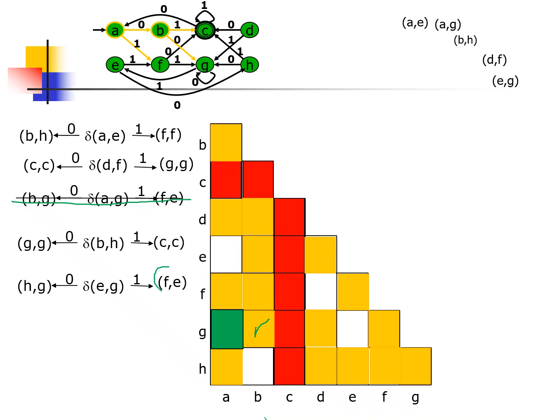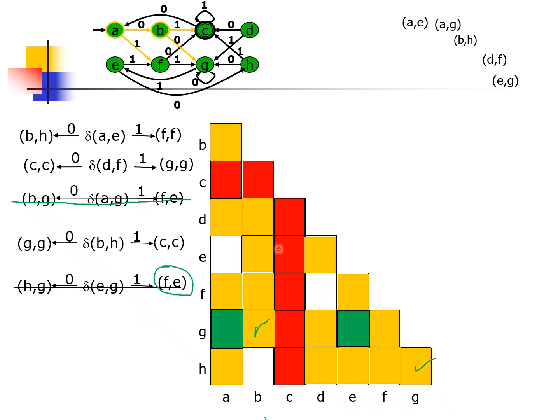Is FE marked by any of the HG? Look at this, HG is marked by yellow color. Then you have to mark EG. So we have to mark EG.